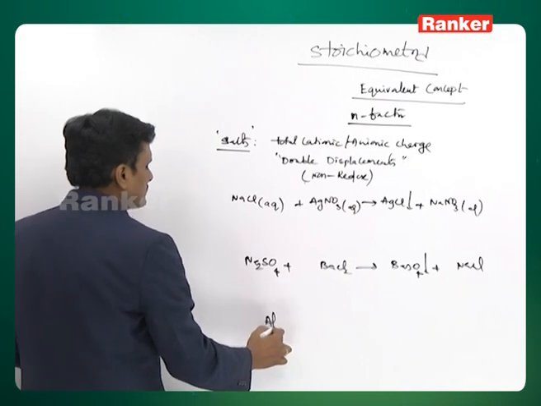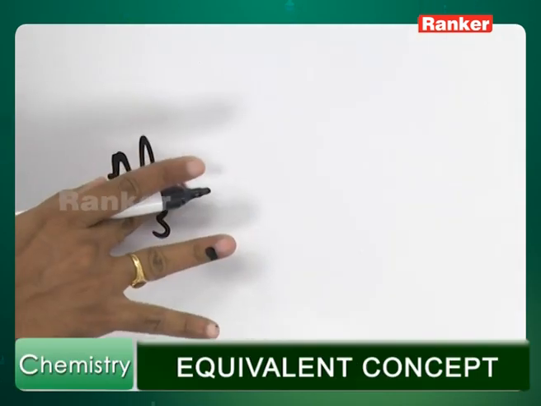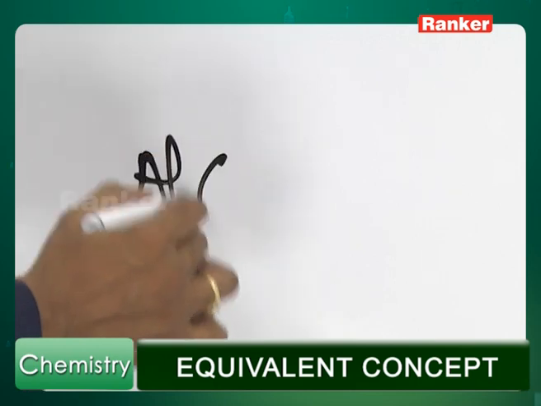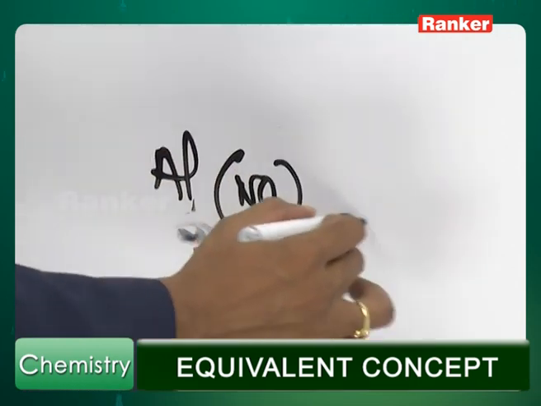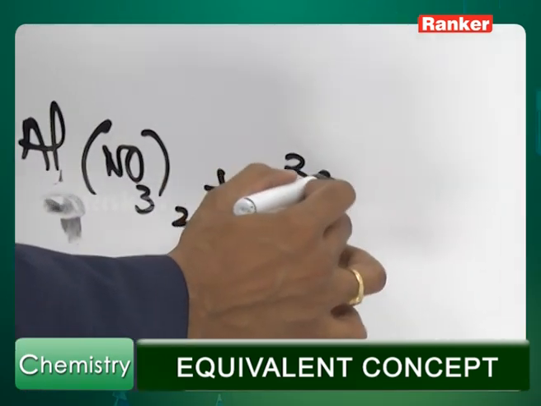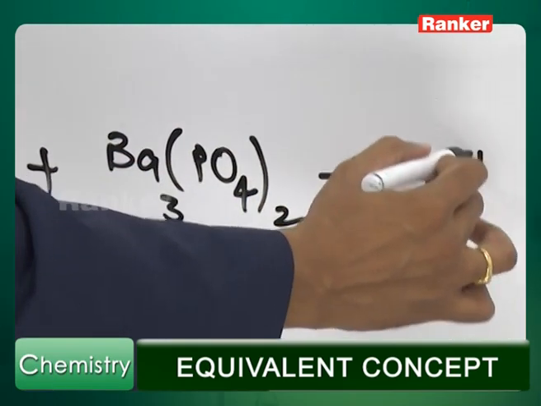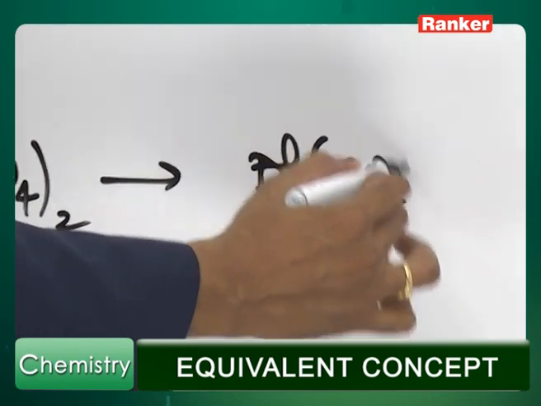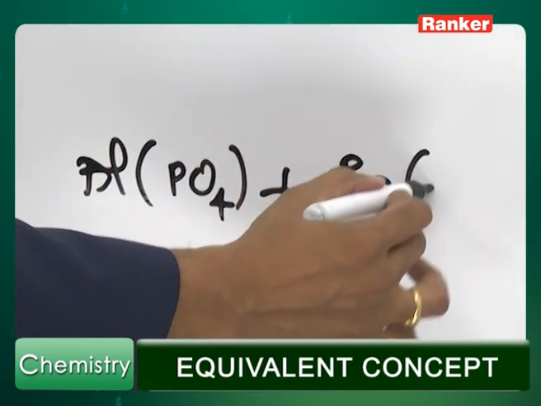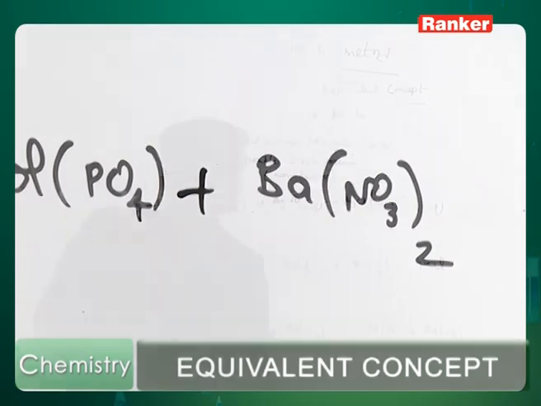Say you have taken aluminum nitrate reacting with barium phosphate in order to give aluminum phosphate and barium nitrate.